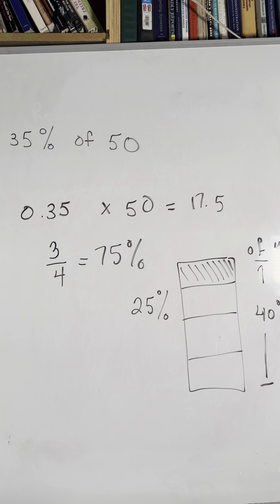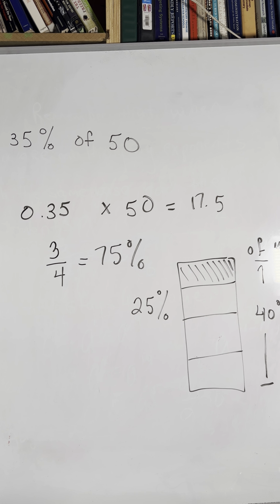So in this case, we have 35% of 50. 35% as a decimal is 0.35. So before attempting the problem, we change 35% to 0.35, then multiply that times 50 and we would get 17.5.